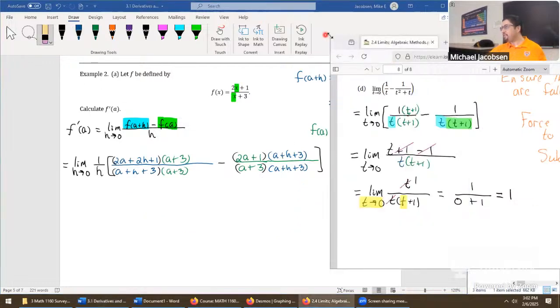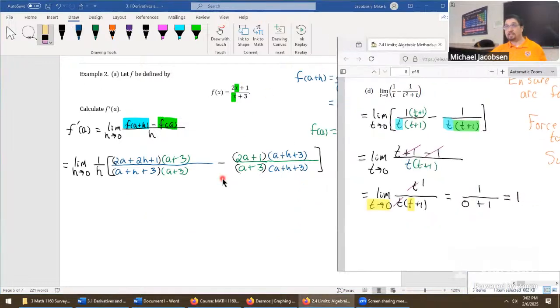And it's good to look at what we did in the past as it relates to this one. This one's more complicated, but really that's all we were doing up here. Once we had the common denominators, we just write it down once, subtract across the numerator, and cancel the part that was preventing the limit from going to 0. We're trying to cancel h, and we should get a value out.